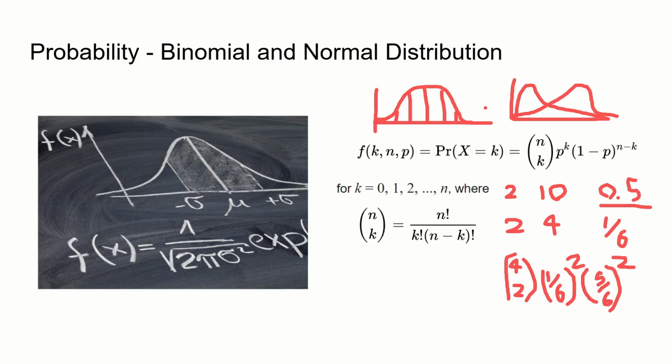A binomial will always be discrete values, but normal distribution is essentially if we make n really, really big and we have exactly even probability on either side, then we will get something like this as we see in this image, where this is normal distribution and k will be the distance away from the mean.